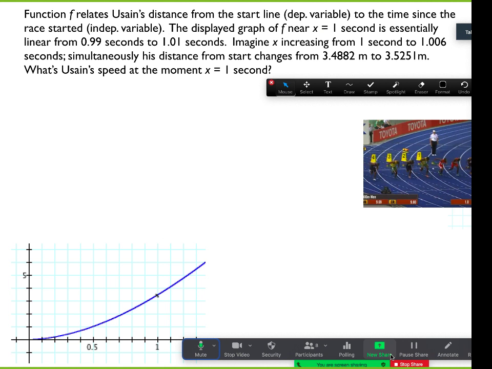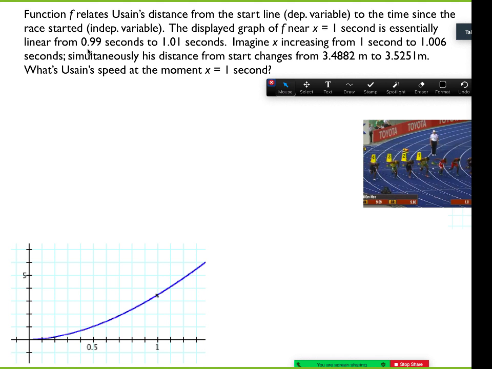The displayed graph of f near x equals 1, so that's right here. Here's the graph of his distance versus time. It is essentially linear from 0.99 seconds to 1.01 seconds. Imagine x increasing from 1 second to 1.006 seconds, and simultaneously his distance from start changes from 3.4882 meters to 3.5251 meters.